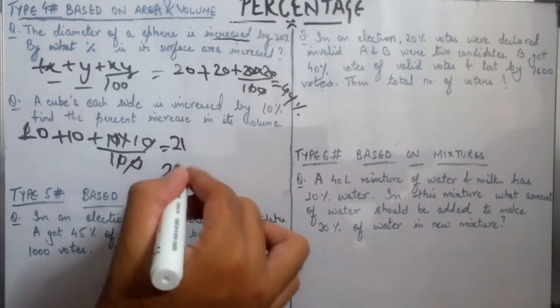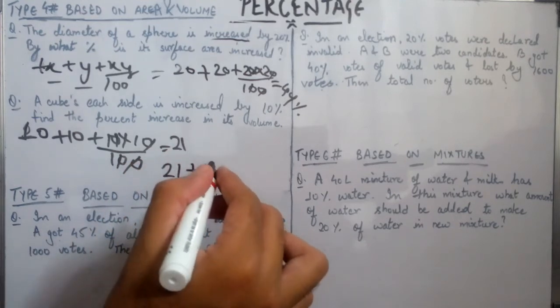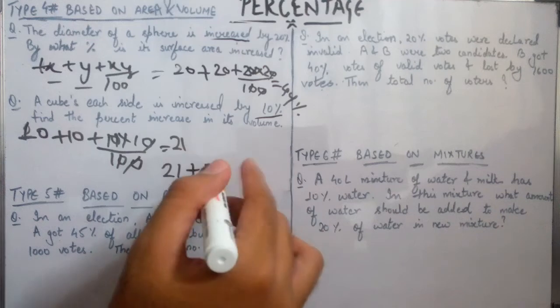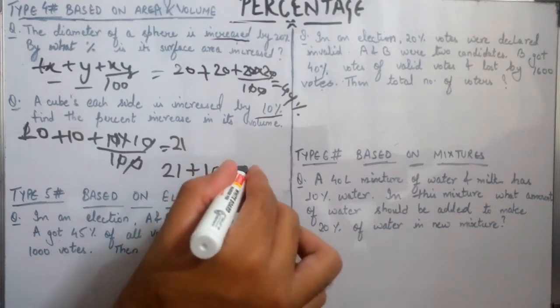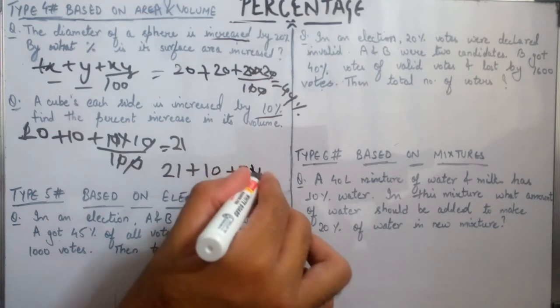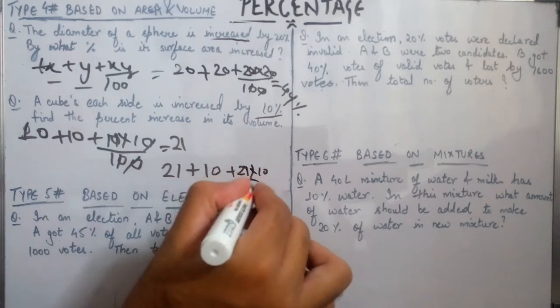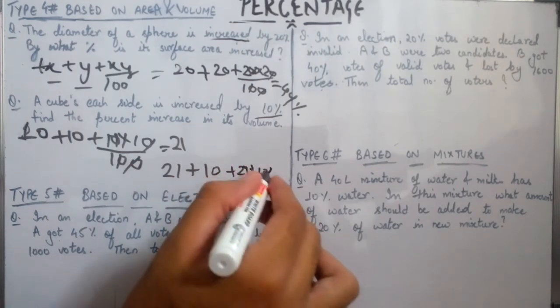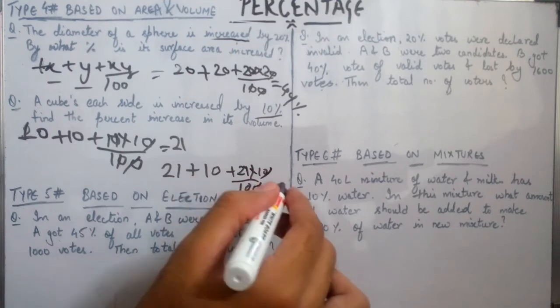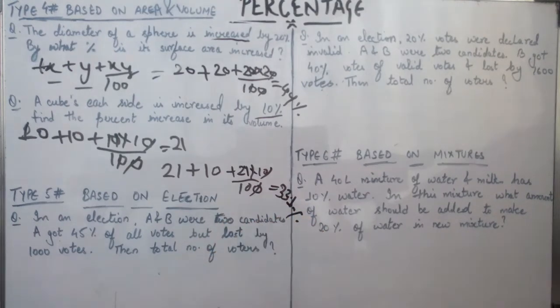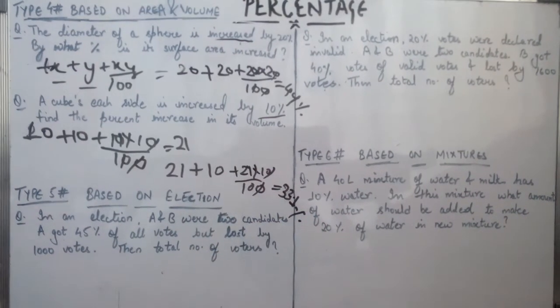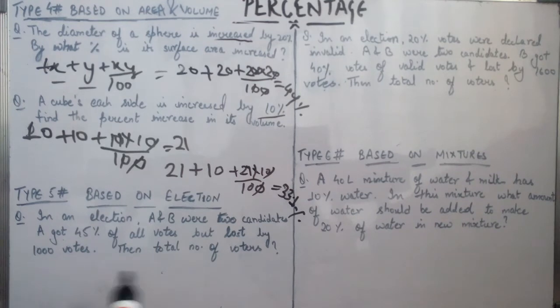Now again 21 plus the third side 10, plus 21 into 10 upon 100, so it will become equal to 33.1% increase.